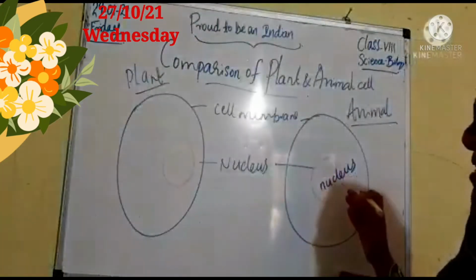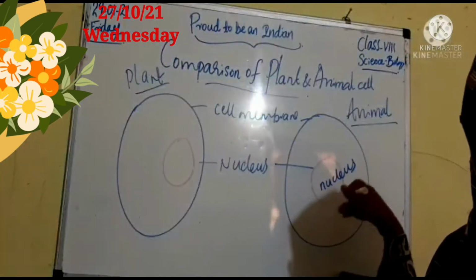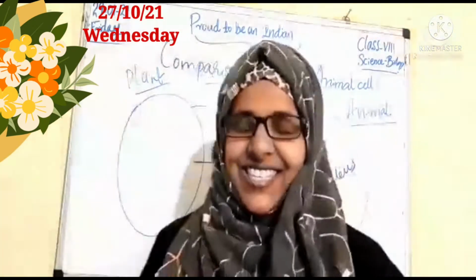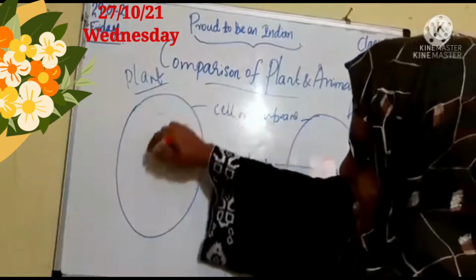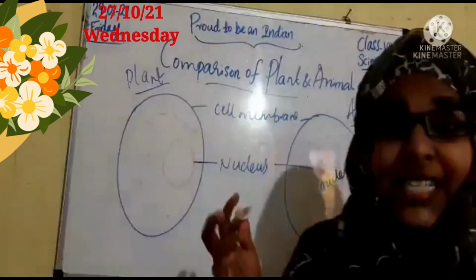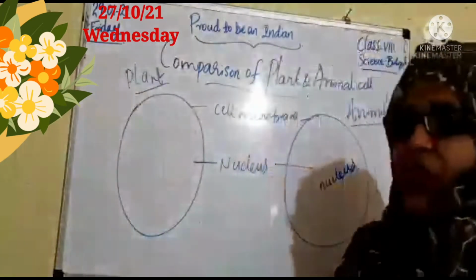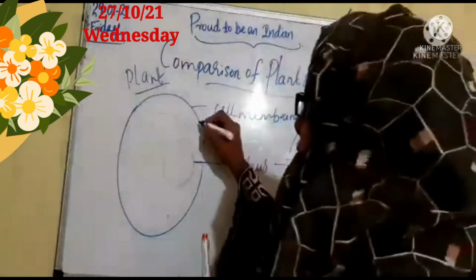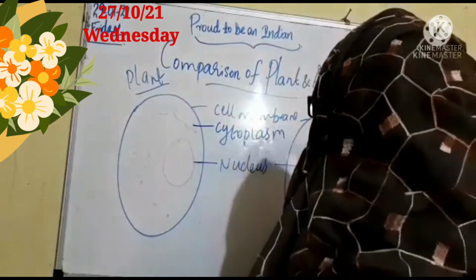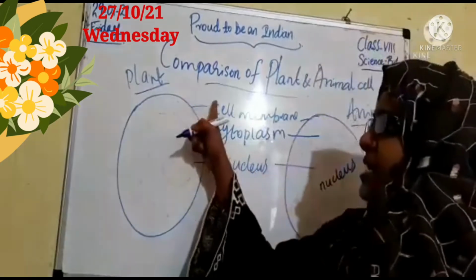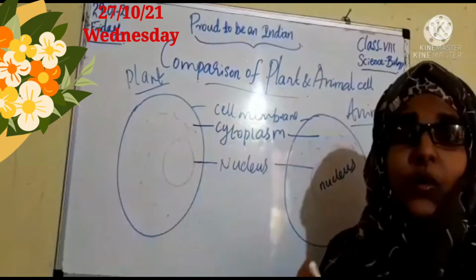But in animal cell, the nucleus is at the center part. Okay, we already discussed that a jelly-like substance is present in between the nucleus and cell membrane, that jelly-like structure we call cytoplasm. It is seen in between the cell membrane and nucleus.